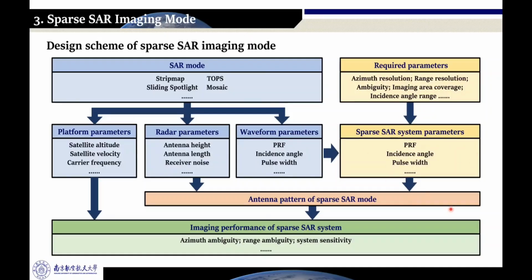Design waveform parameters for sparse mode. The antenna pattern suited to the sparse SAR mode is constructed. Imaging performance of the sparse SAR mode is evaluated to ensure that the system meets the mission objective.